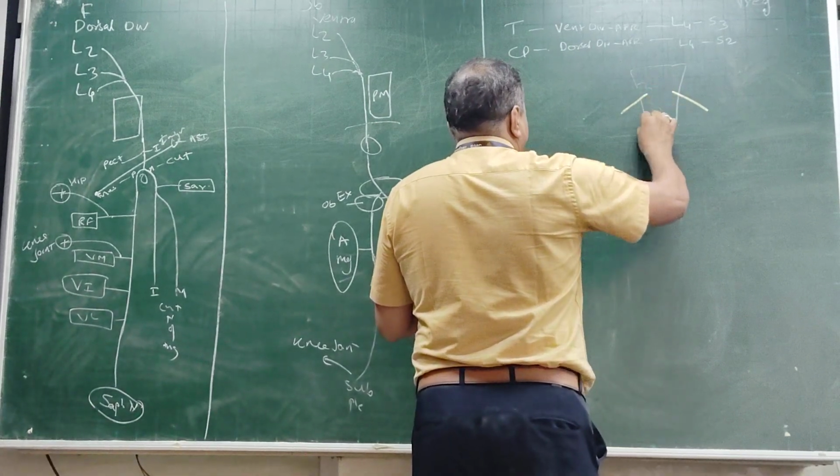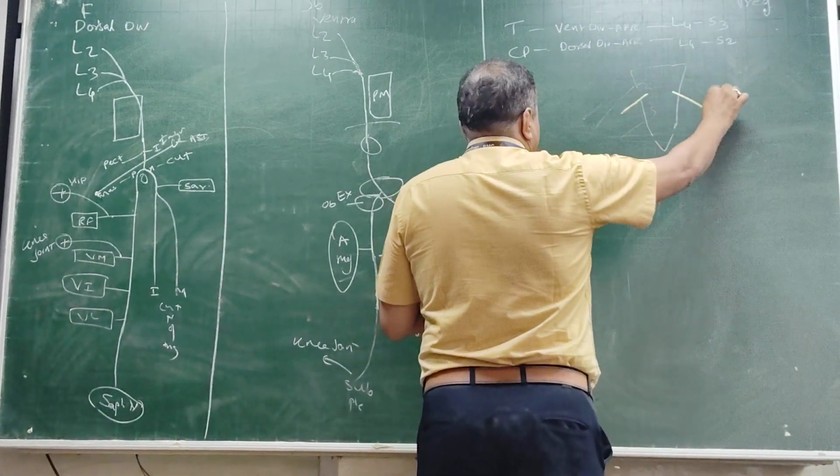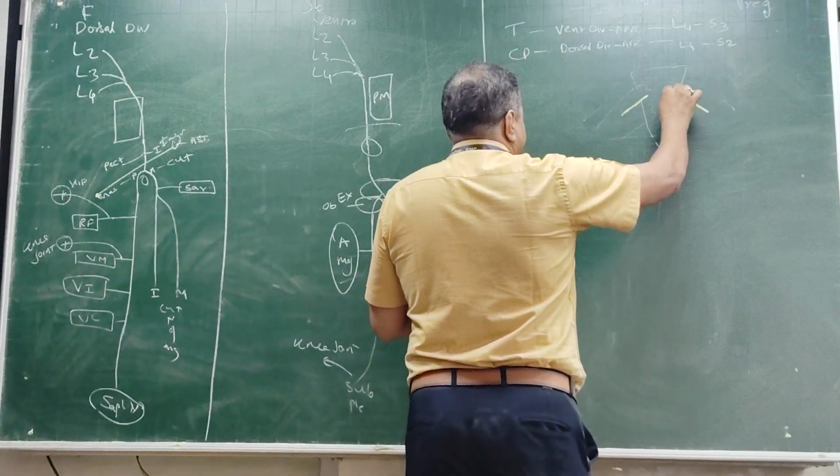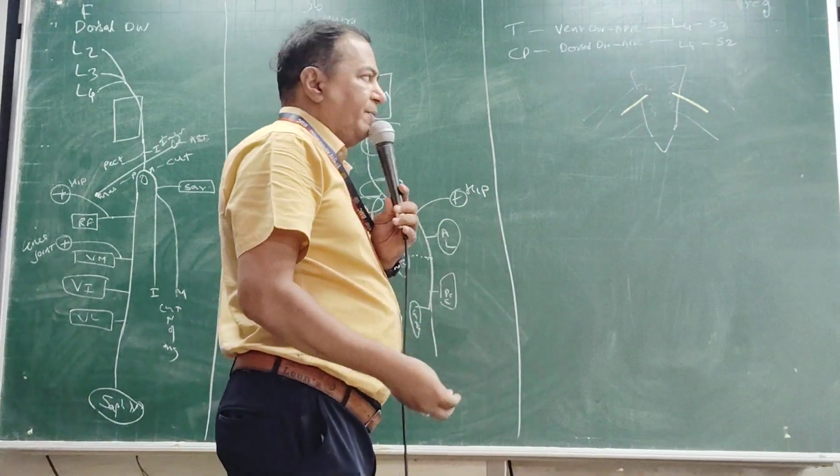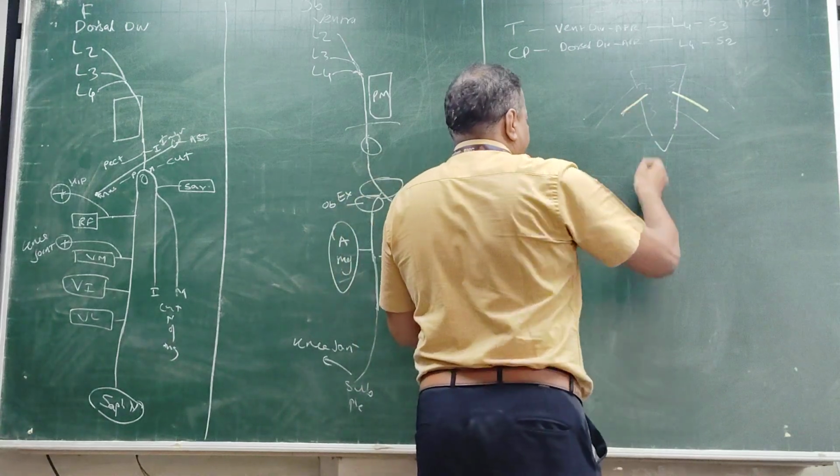The piriformis is coming out like this. So if you look from this aspect, it is anterior to the piriformis.